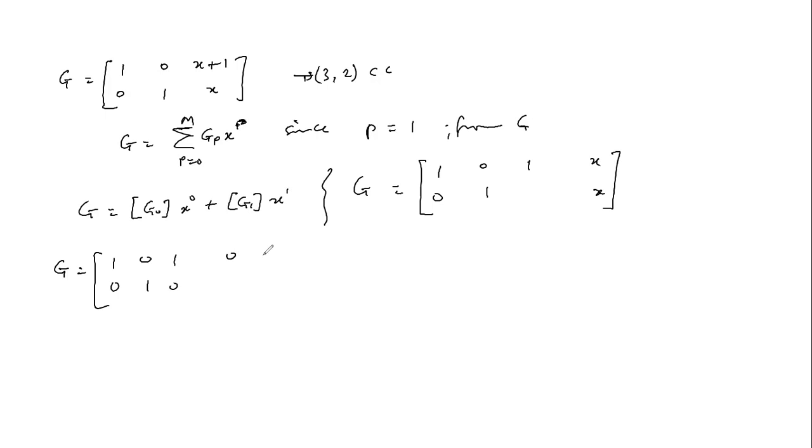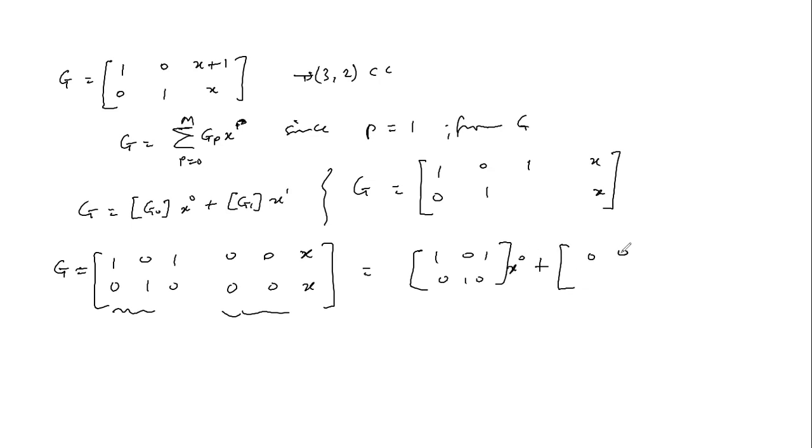So that would be 0, 0, x, right? And this will be 0, 0, x. So this will be equivalent to this, right? Okay. Now, if that's that, then it's another way of saying 1, 0, 1, 0, 1, 0 x to the power of 0 plus 0, 0, 1, 0, 0, 1, x to the power of 1, okay, which is equivalent to this.